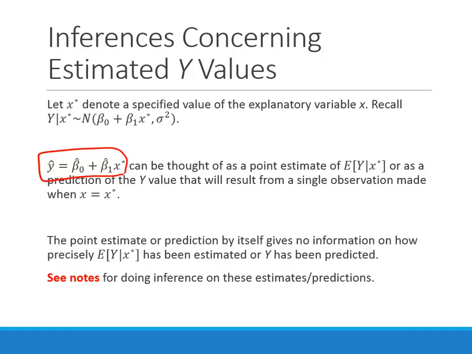But you can also then create a confidence interval for that estimate or that prediction. The formulas are such that you never really do them by hand anyway, so I'm going to skip over that section. You can look in your notes if you want to read a little bit more about that.